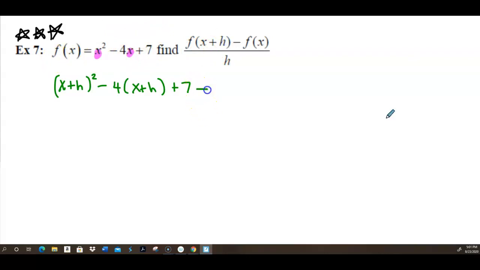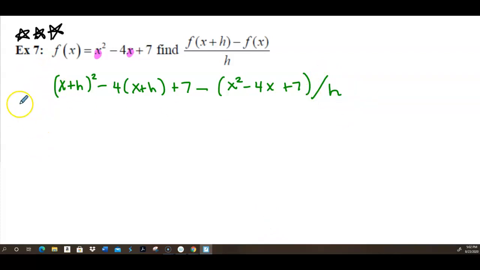So it's subtract, and then you are going to subtract the whole thing, which means you need parentheses. And then you subtract x squared, subtract 4x plus 7. Now we're going to put that whole top part over h. So we're going to divide that by h.